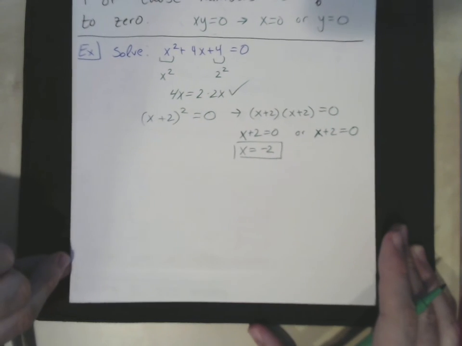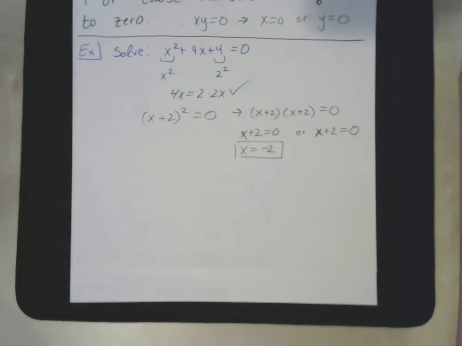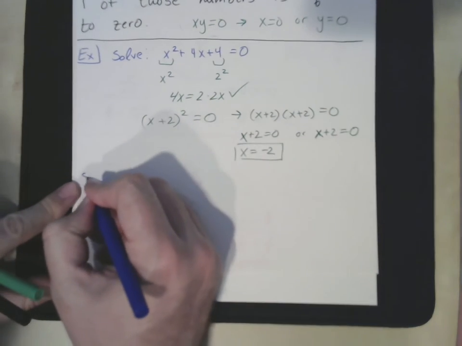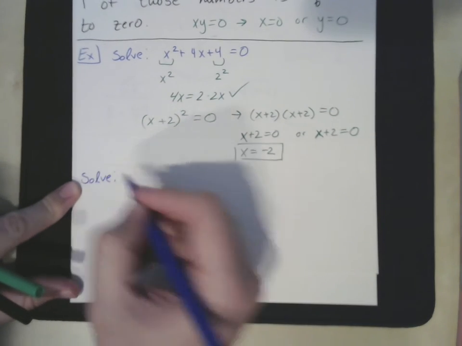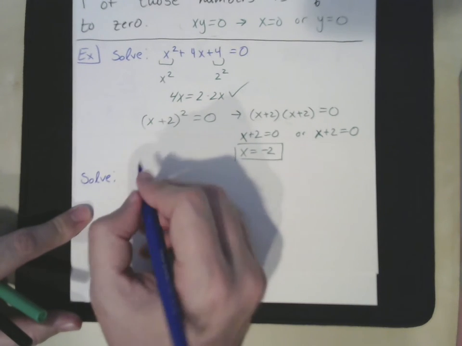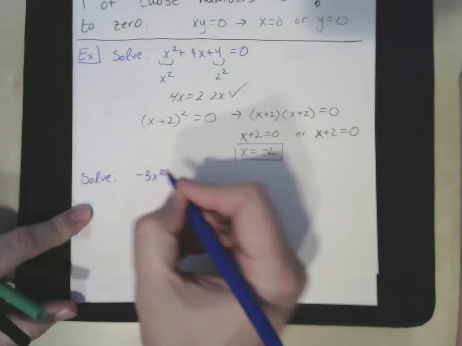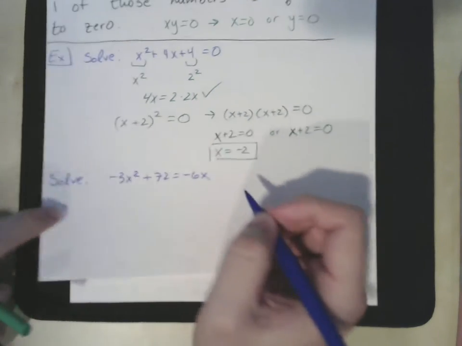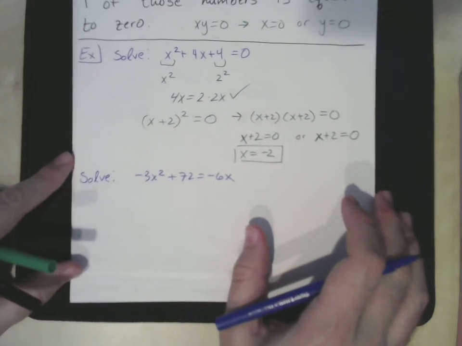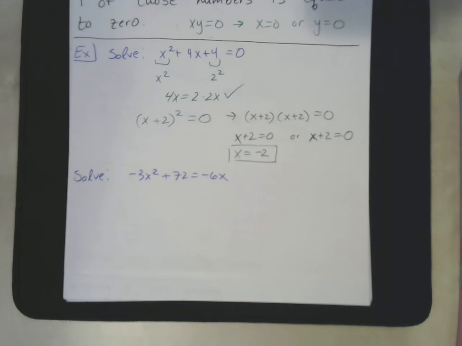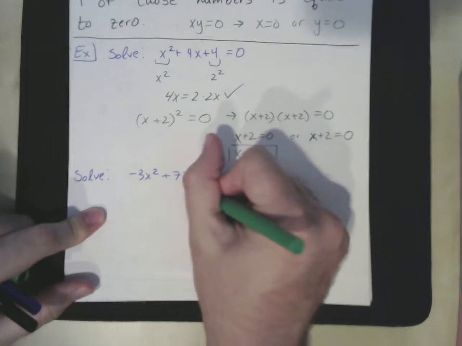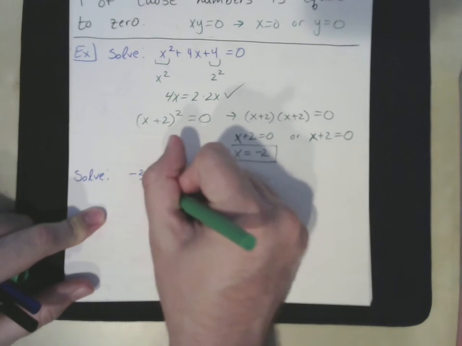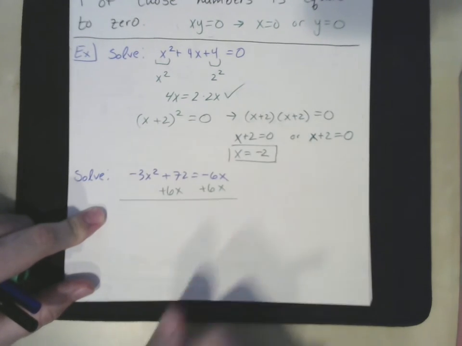Let's take a look at another one real quick. So let's solve -3x squared plus 72 equals -6x. So to solve this, to be able to factor it, we want to move our -6x. So we're going to add 6x and add 6x.